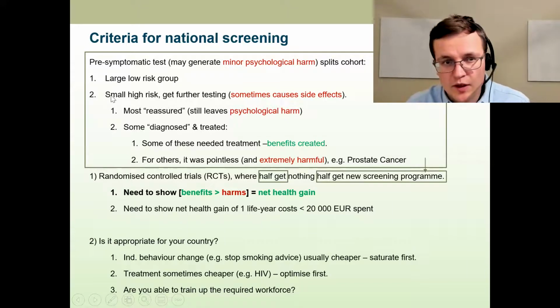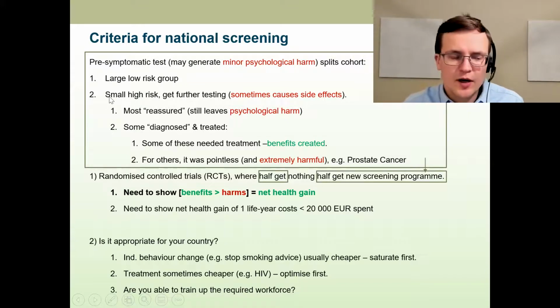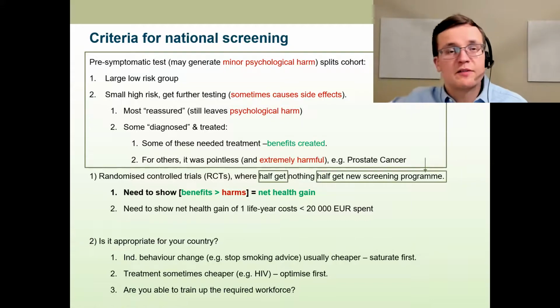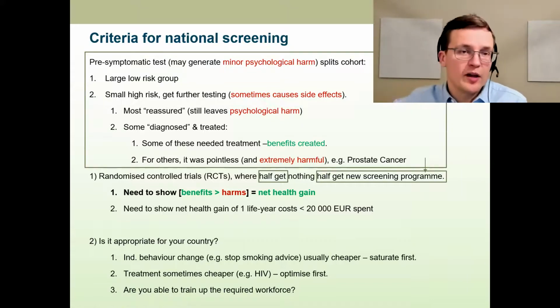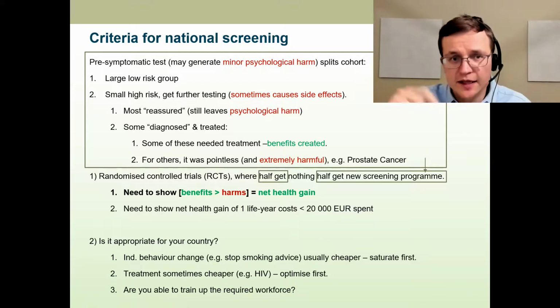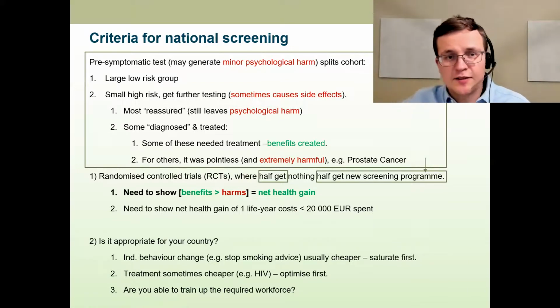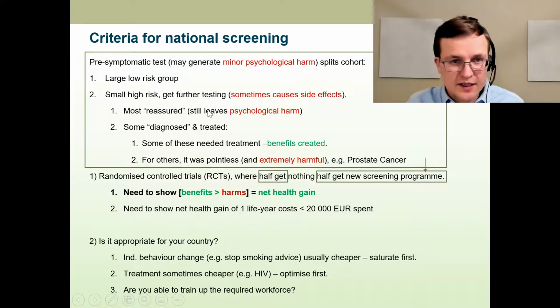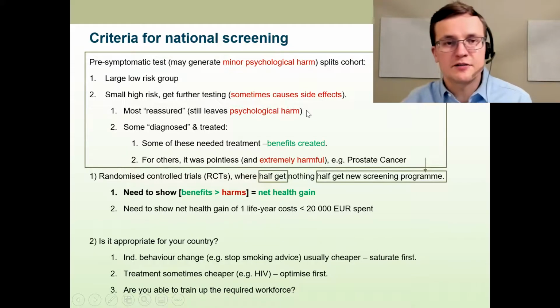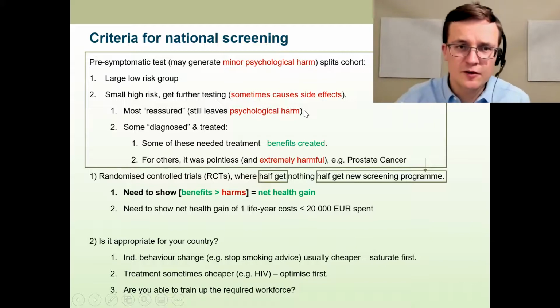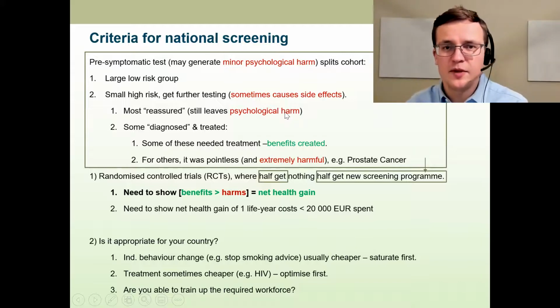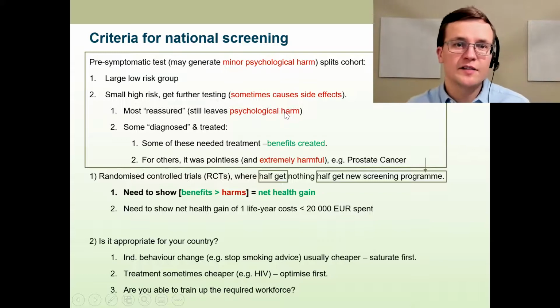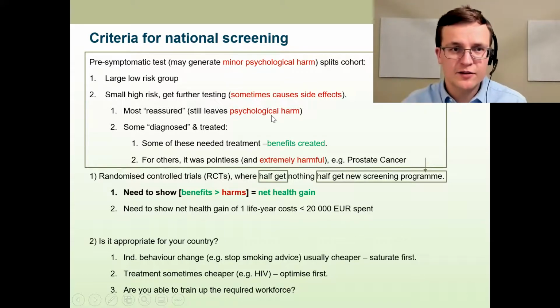But some people will, after that test, be given a letter or a phone call saying, oh, we're still not sure about your results. We want you to come back for a second test because something may or may not be going on with you. Now, that letter is very stressful. So even if you're later reassured, the process of waiting for that second test is really stressful, and people often walk away still quite distressed by it. We should be mindful of how much harm we're creating, and be able to quantify that and compare it against any benefits we might create in a really rigorous way.